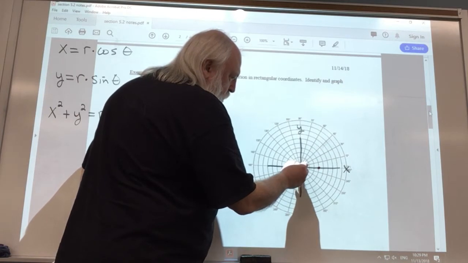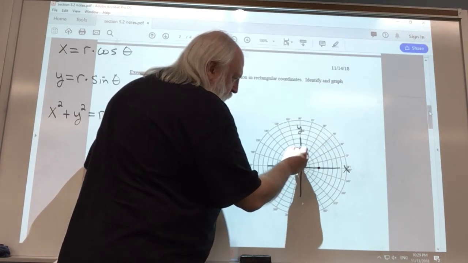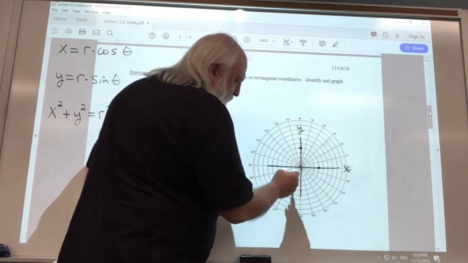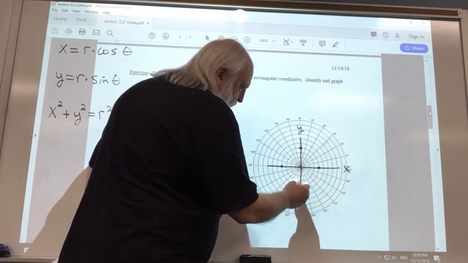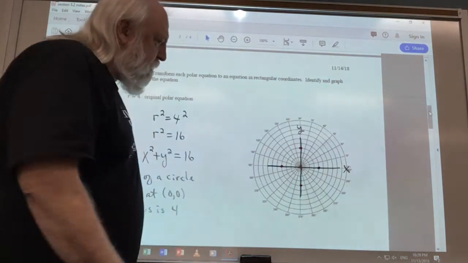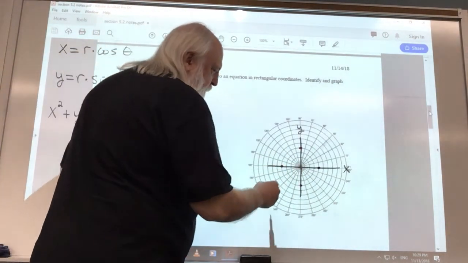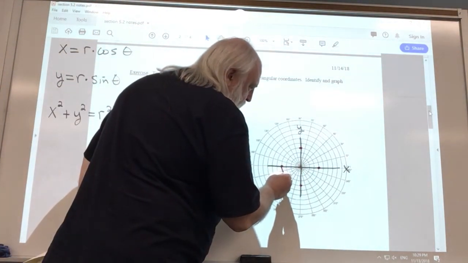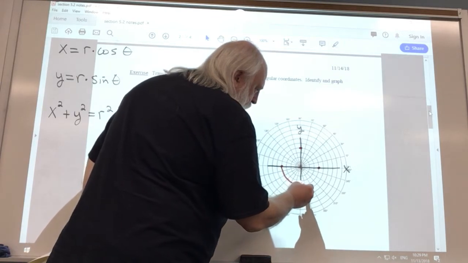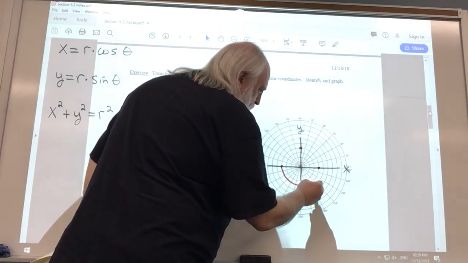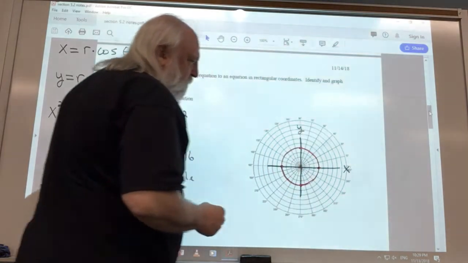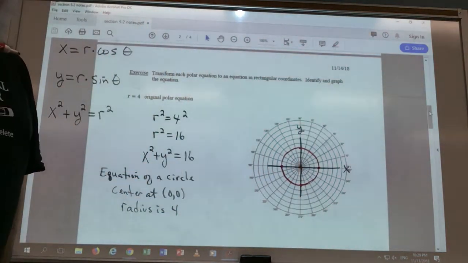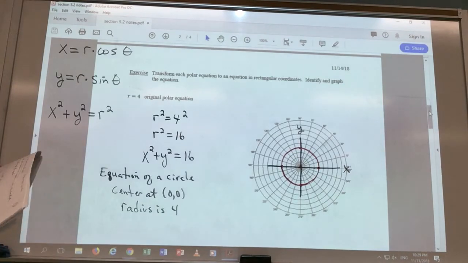Starting at the origin, I go up 4 circles, then 4 circles to the left, and then 4 circles down, right? Plot those points. And then when I fit those points with a circle, you see that the circle r equals 4 is just the 4th concentric circle from the pole, from the center.